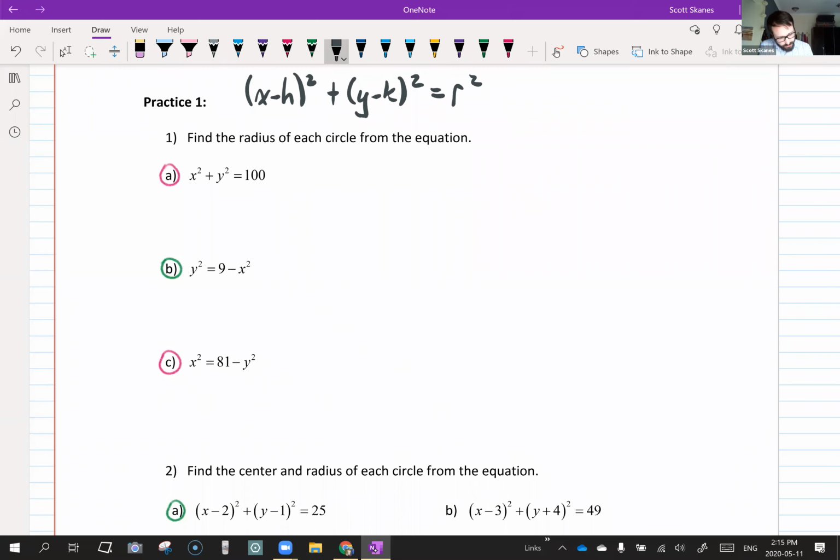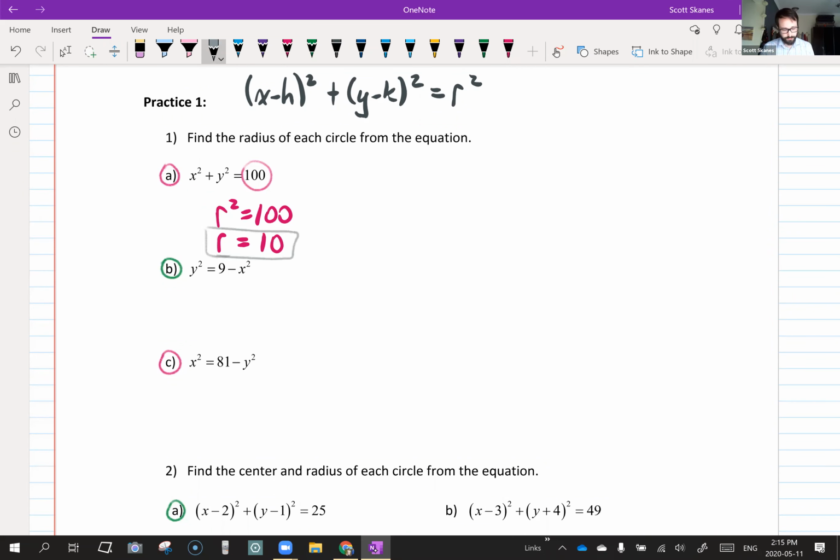So find the radius of each circle. Well, that's very simple. We can see here that this is 100. Our formula says that the term on the other side must be r squared. So in this case, r squared must be 100, and so r is 10. You square root both sides.